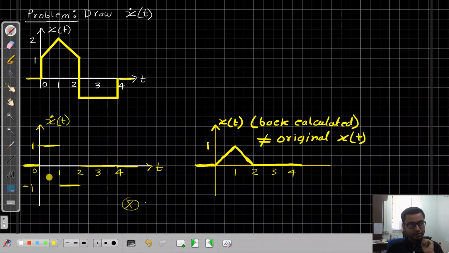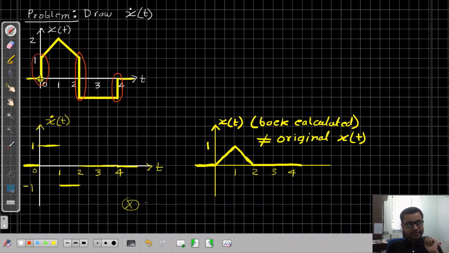Why is it wrong? Because we have to consider these step jumps. So we have a step jump here, another step jump here, another step jump here. So we have to account for these step jumps. What we need to do is as follows.